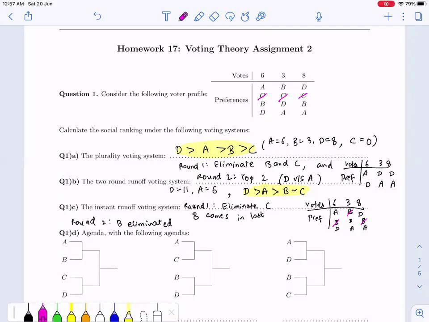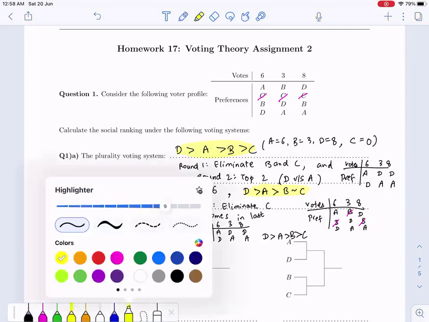Okay, so after eliminating B, again, this brings you back to this two-round runoff profile. And again, D wins. So you have D bigger than A, bigger than B, bigger than C, even in the instant runoff. So again, very sad example.